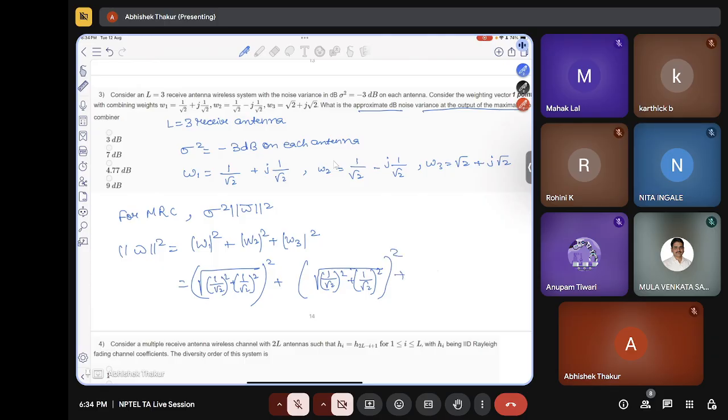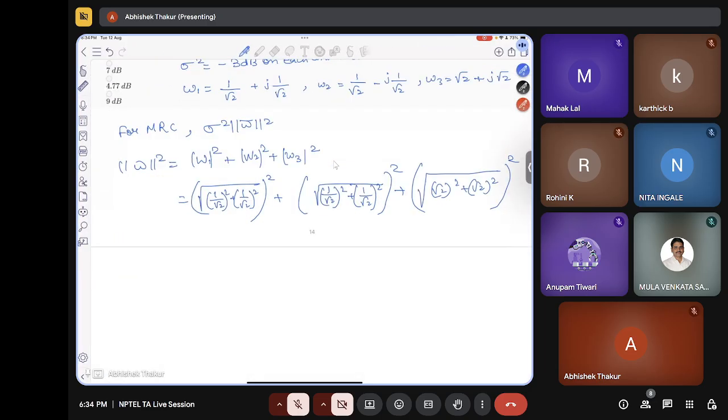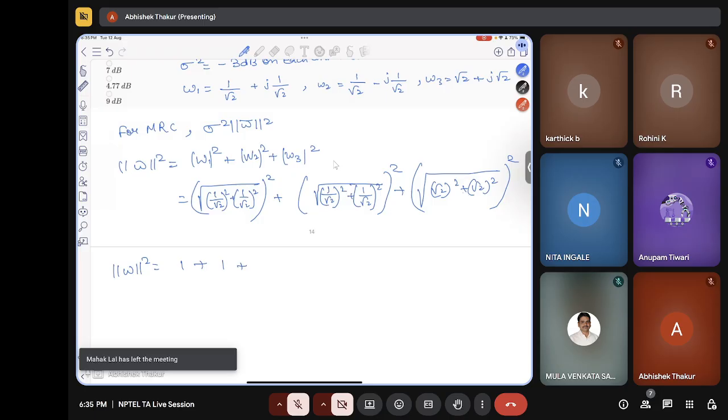For W3, it will be the square root of (root 2 square plus root 2 square) the whole square. So this is given as half plus half, it will be 1. So 1 square will be 1 plus 1, and this will be 2 plus 2, 4. And the square root of 4 square will be 4. So this value is 6.